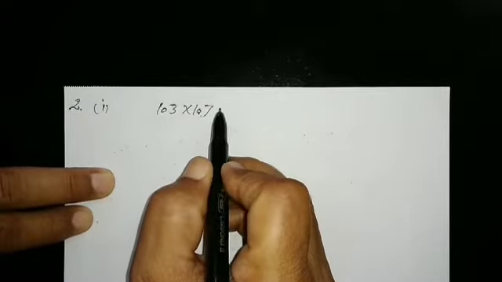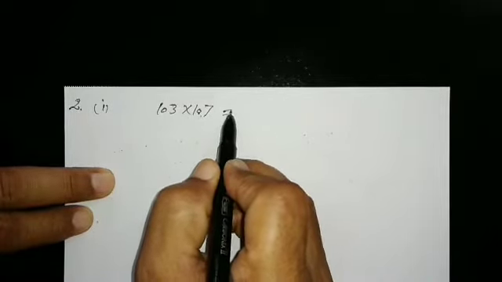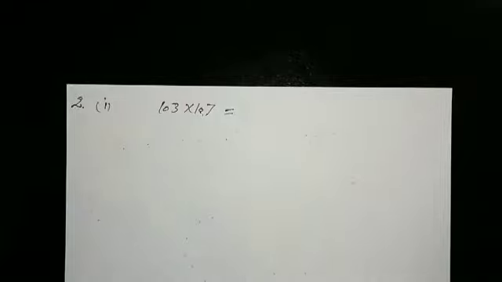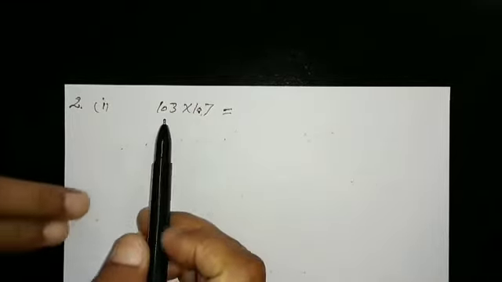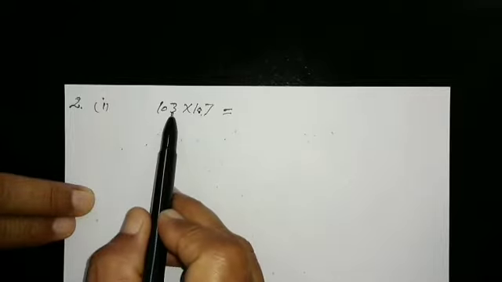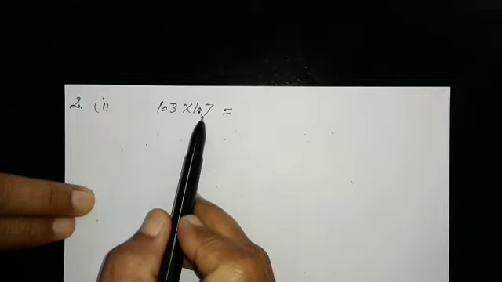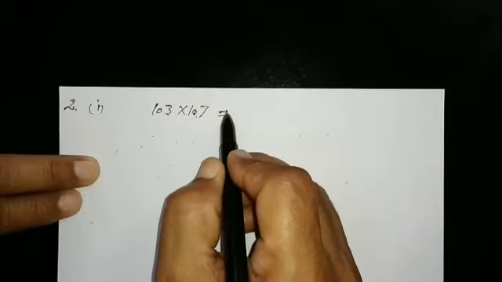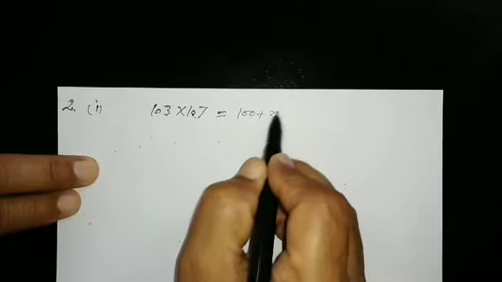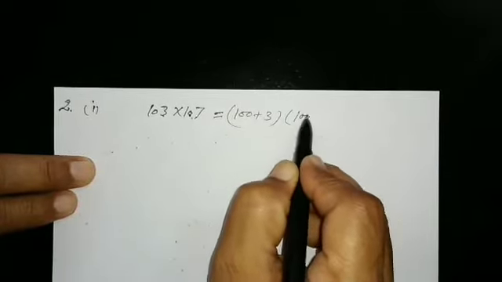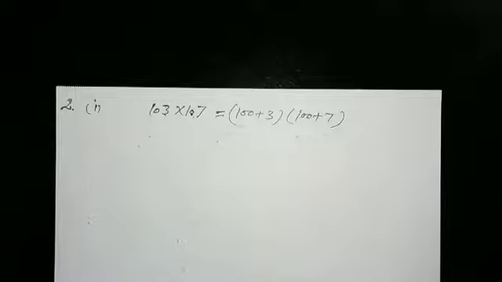So first make the form of the identity, right? Here we see 103 and 107. So we can write them using an easy number. The easy number is 100. 100 plus 3, 100 plus 7, right?